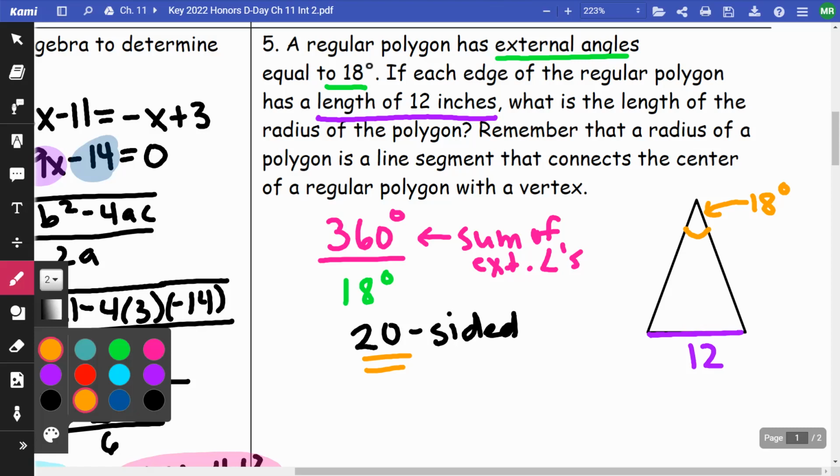Now, the radius is from the center of my 20-sided polygon to a vertex. So that's what I'm trying to find.